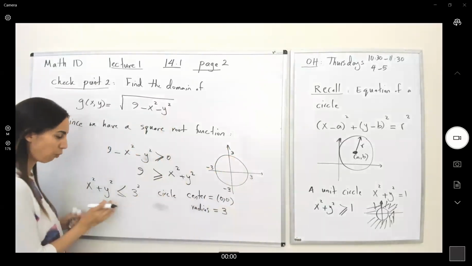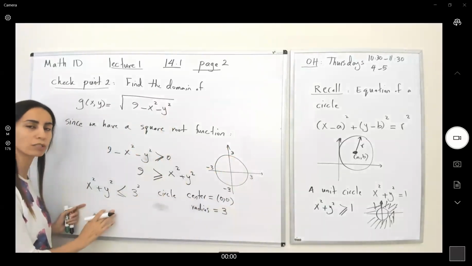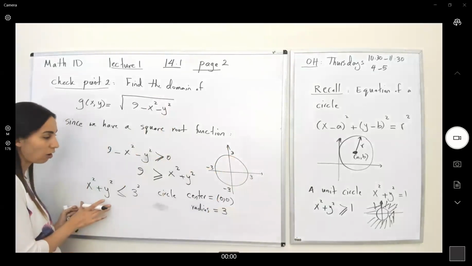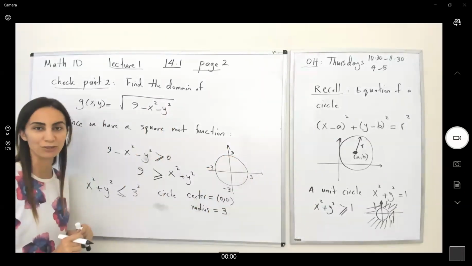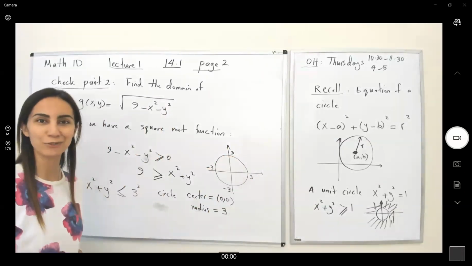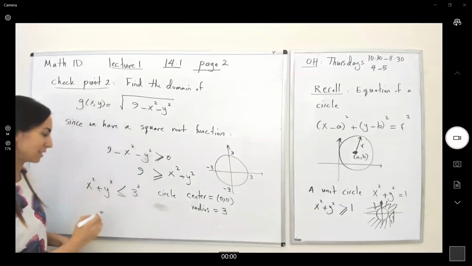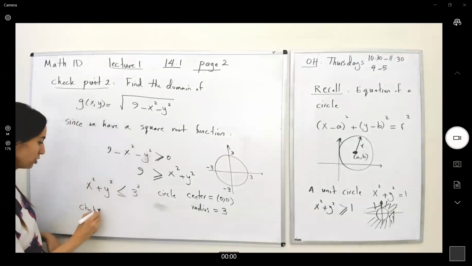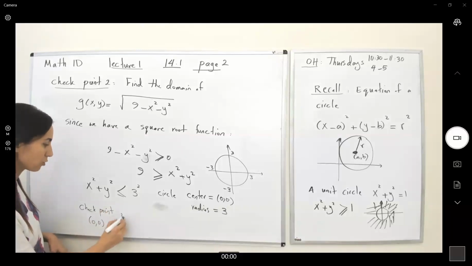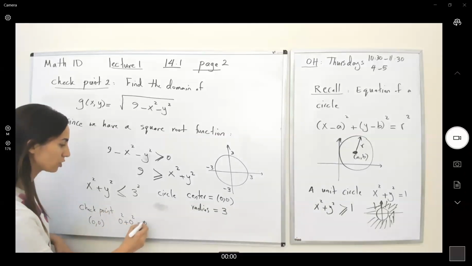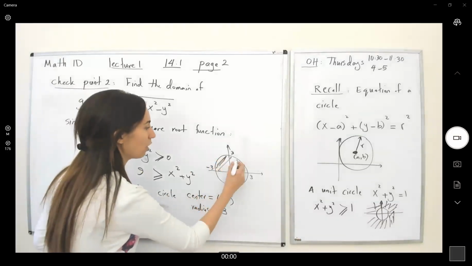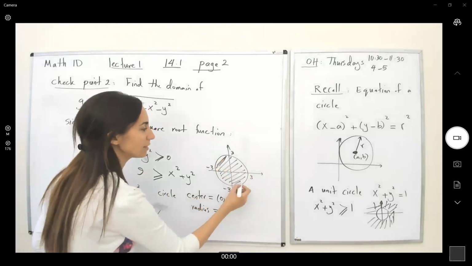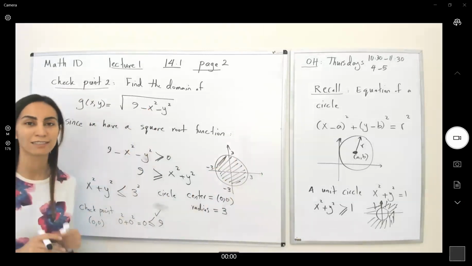And these x, y points are all inside the circle. You can use a checkpoint as usual, like the origin, 0 and 0. 0 squared plus 0 squared, which is 0, is less than or equal to 9. So we're going to shade all points inside and on this circle.